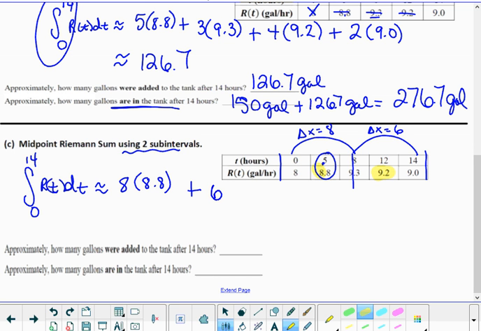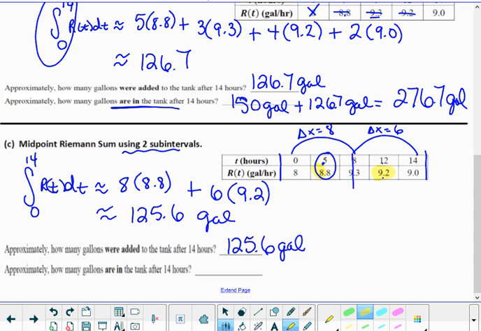And then 6, 12 is where we're estimating this at, and we come up with a 9.2 height. And that gets us a value of 125.6 gallons.